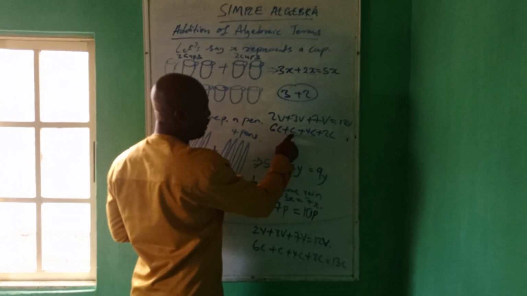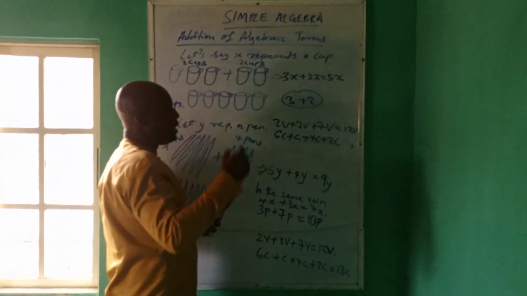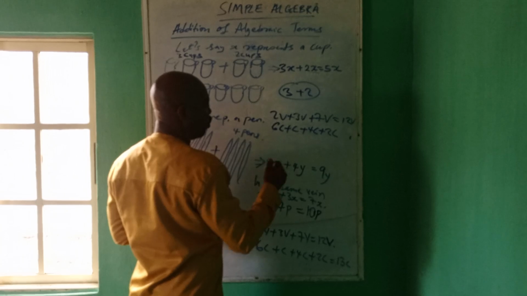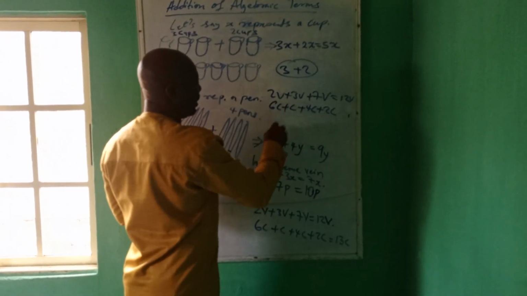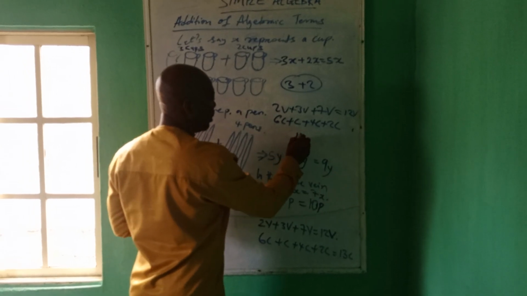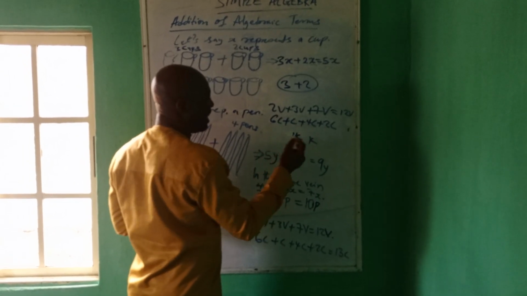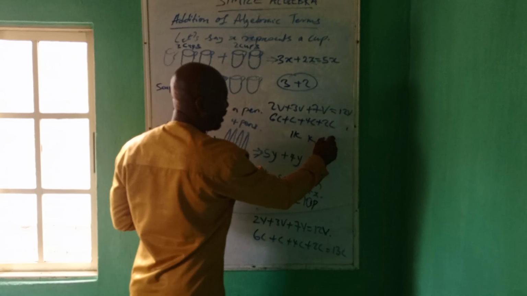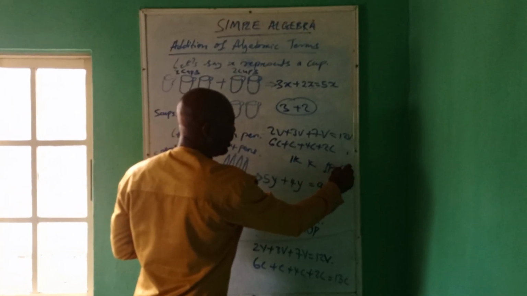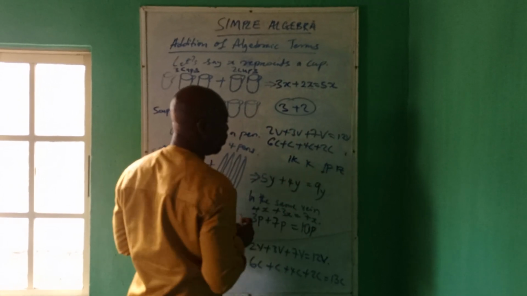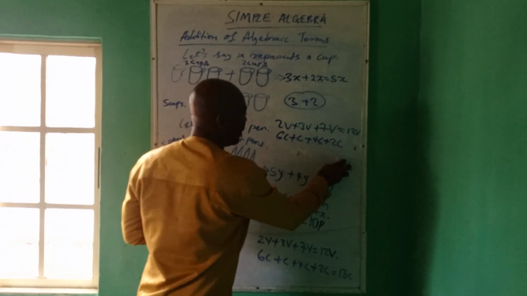6c plus c. Remember in our earlier video, I told you we don't put 1c in algebra, we put c. We don't put 1k, we put k. Anytime you meet a letter p, there's an imaginary one before it. If you see z, there's one before it, but we just put only the letter.